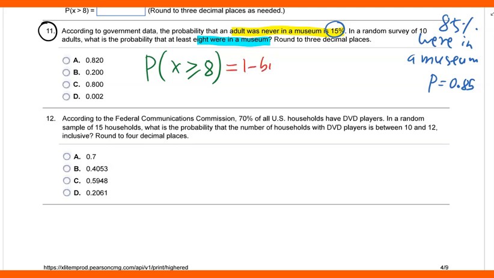The 1 minus binomial CDF, n is 10, p is 0.85, comma, and notice that we use a minus 1. Notice that a is 8, a minus 1 is 7. Okay, 7, and you put everything in the calculator to get the answer.